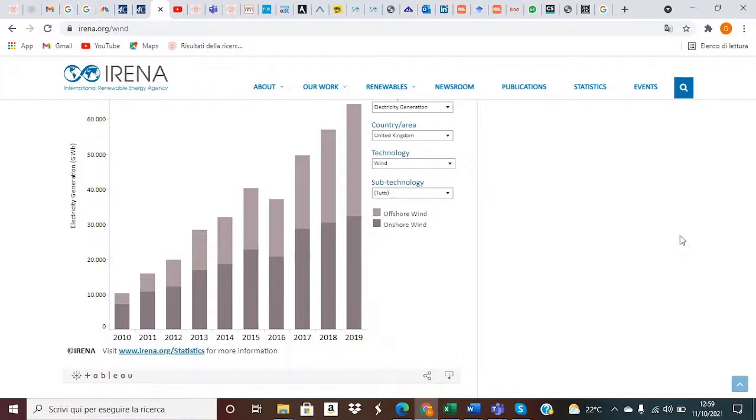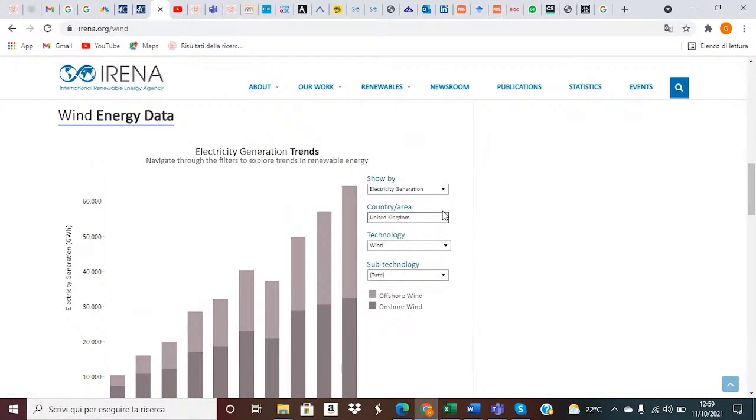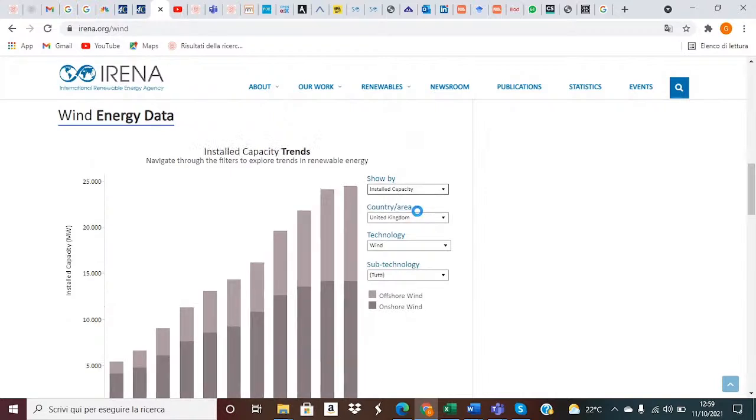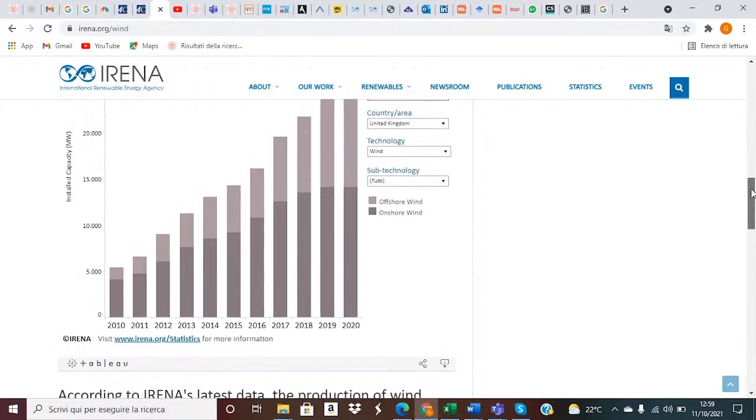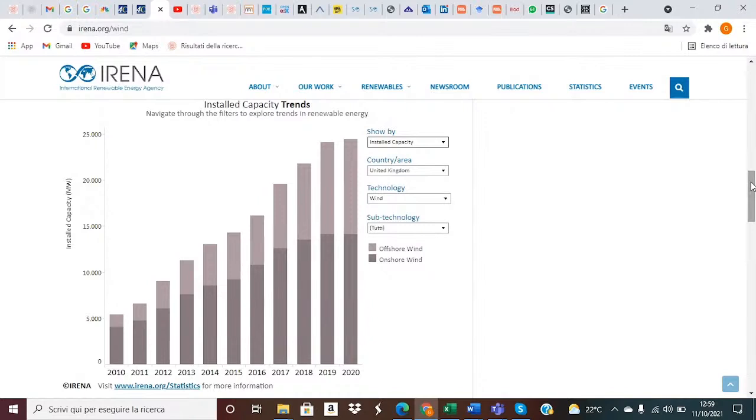Ok. Volevo vedere un attimo la capacità delle installazioni, che però è in megawatt. Che vuol dire? Non lo so.